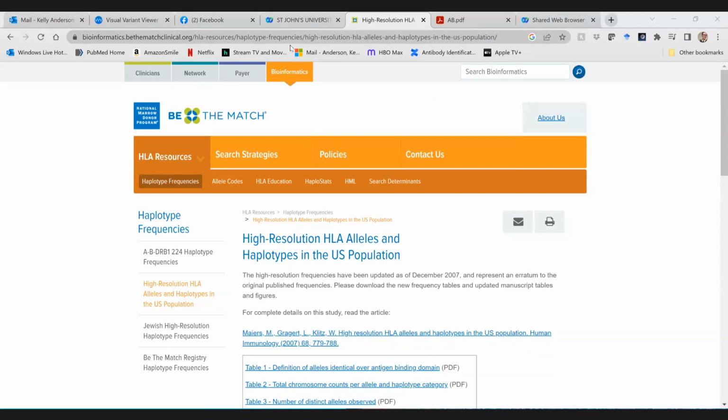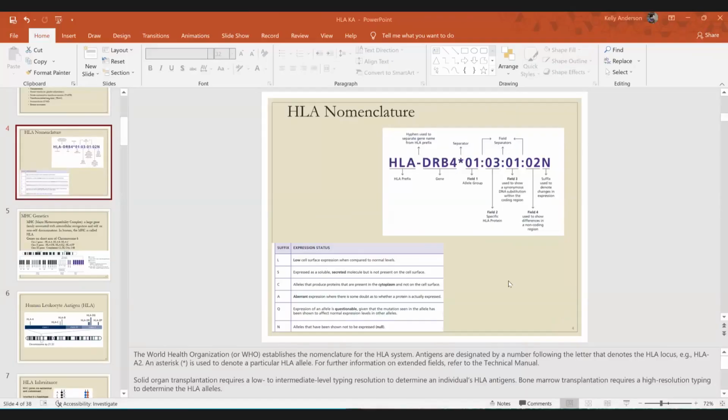Try to get some concept on that also. I think HLA null means the protein is... I think the N means alleles that have been shown not to express. Can you please elaborate a little bit? I think it will clarify a lot of people's concept about HLA null.